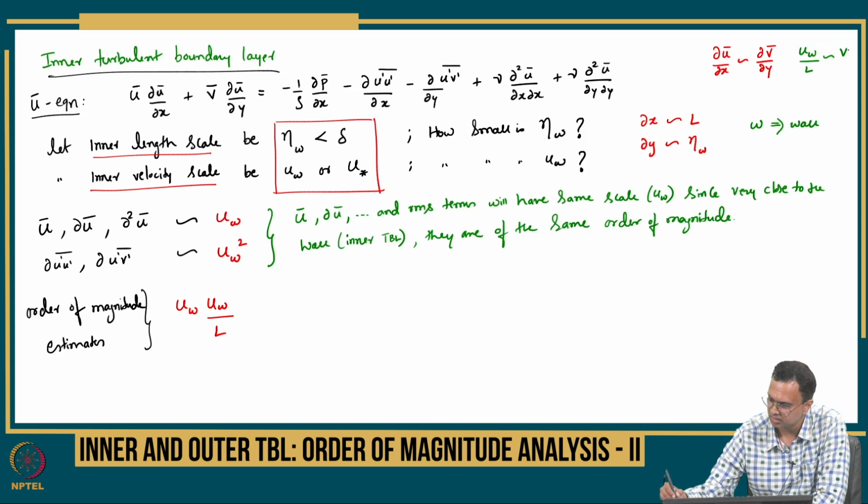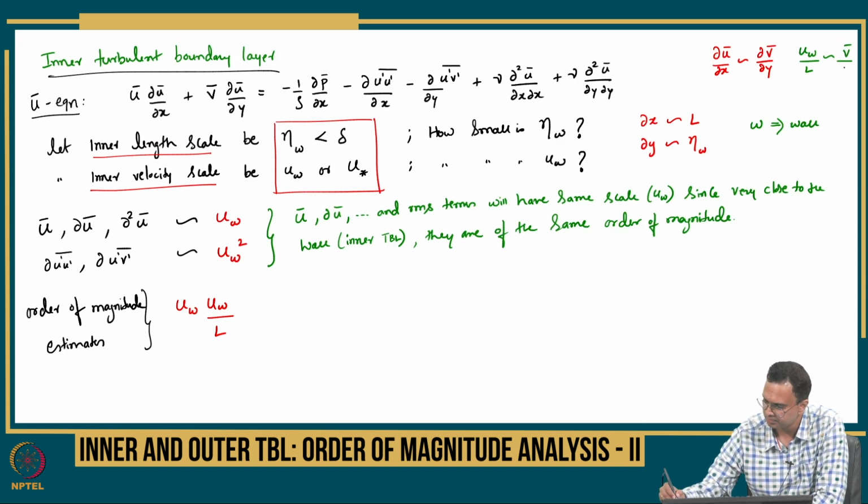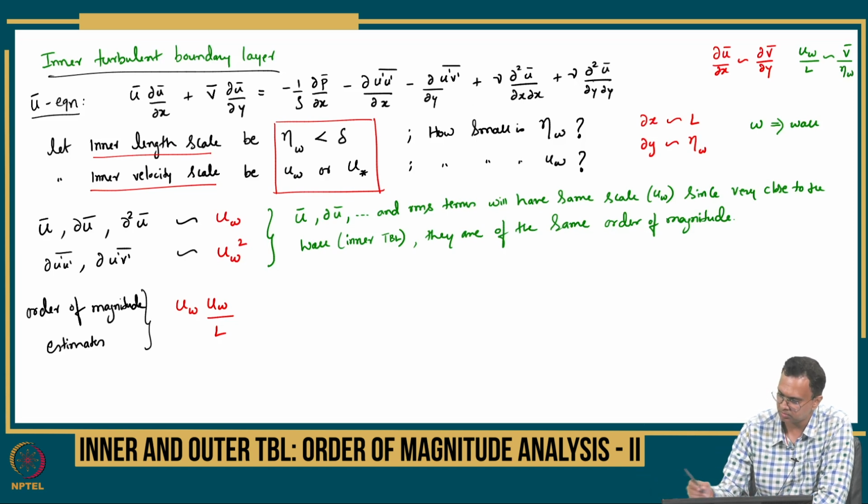All this I am choosing a scale, let's call it a new scale there. This will be nothing but the v̄ scale here, let's call it v̄ because that is what we need in the u momentum equation. This is eta w. So this is the continuity equation, right?